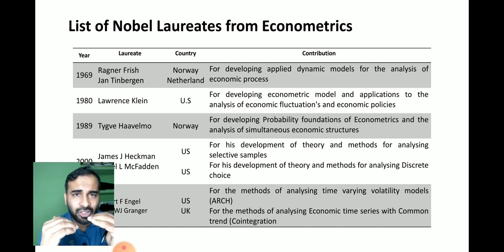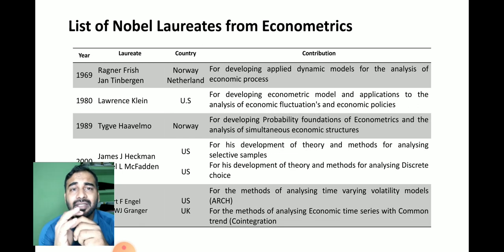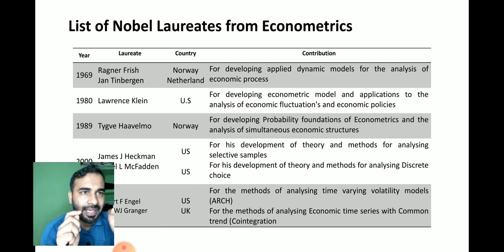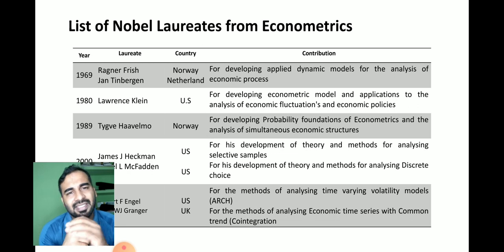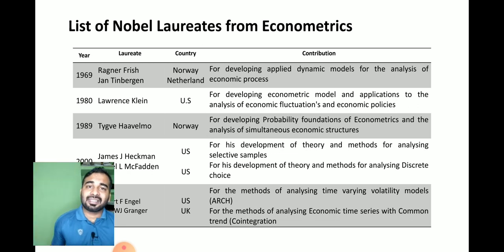The first Nobel Prize was established in 1969, and in that year itself, Ragnar Frisch and Jan Tinbergen won the award for developing applied dynamic models for the analysis of economic processes. This is nothing but developing certain tools in econometrics. This itself says how important econometrics is in economics.